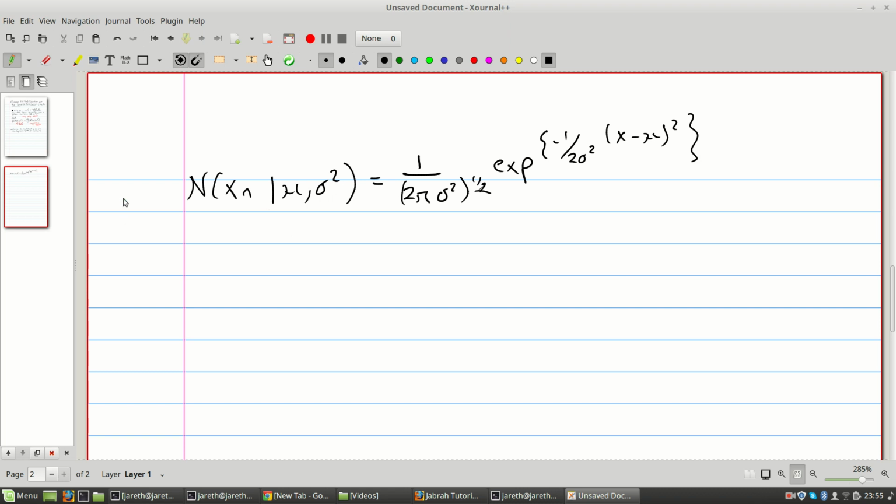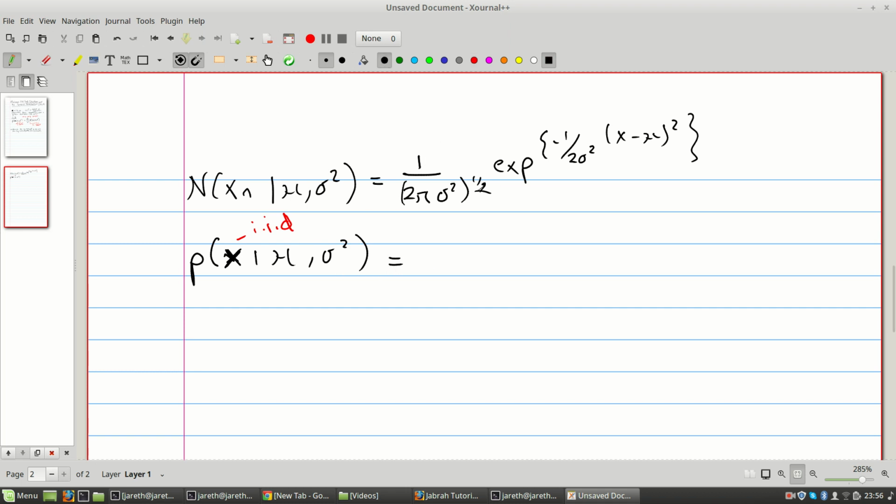So when we look at the probability of bold x given mu comma sigma squared, remember, this is IID, which means independent and identically distributed.